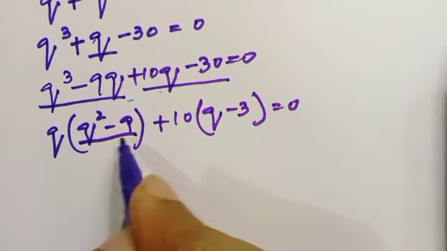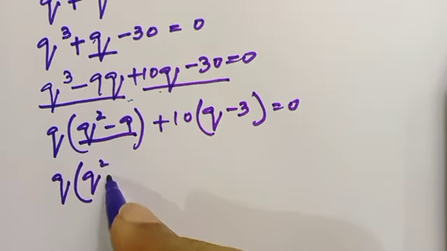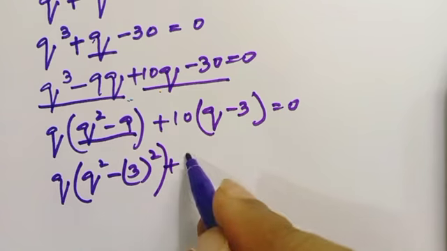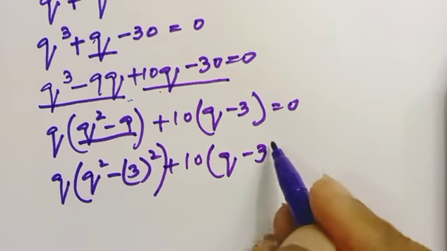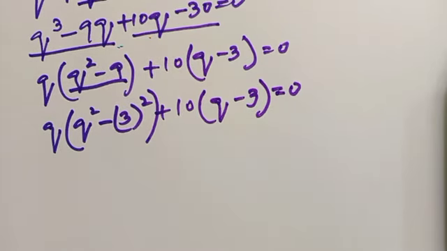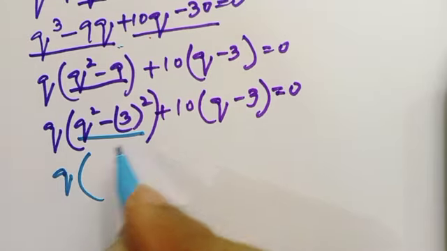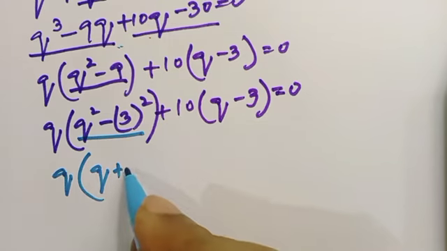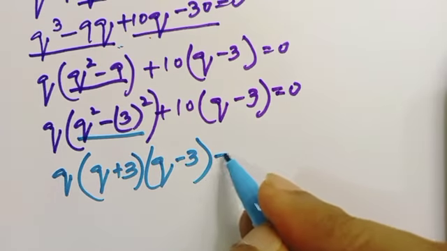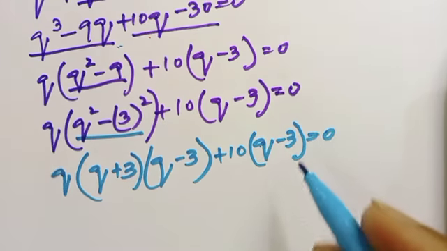Here we factorize q^2 - 3^2, so q(q + 3)(q - 3) + 10(q - 3) = 0.